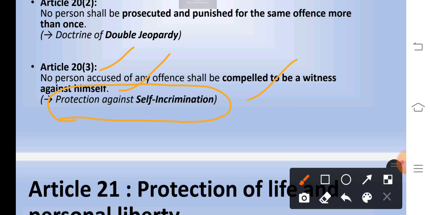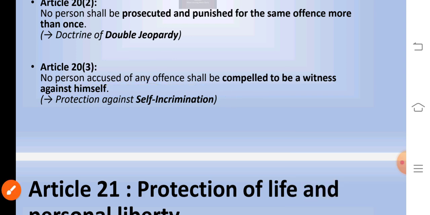Orally, they cannot be forced to agree to the crime, but they can take biological evidence like fingerprints, hair, nails, etc. But orally, they cannot be forced to self-incriminate. That is, they cannot be compelled to be a witness against themselves.